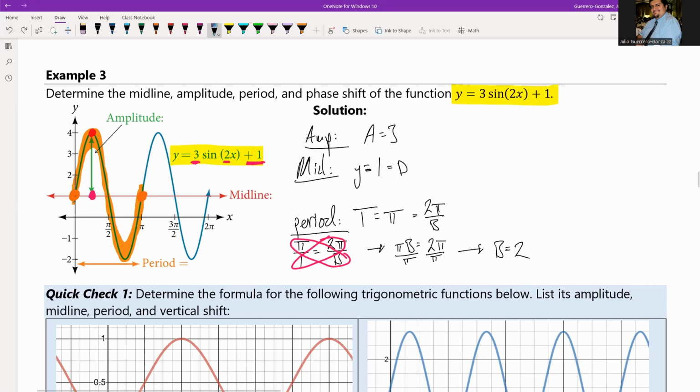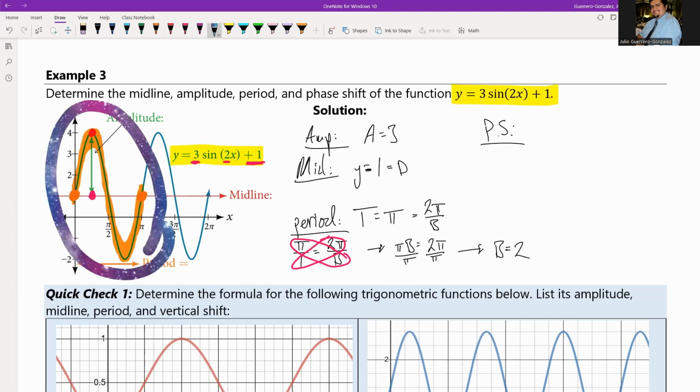Last thing, phase shift. Notice that this section I've highlighted in orange, we didn't move it at all. It just compressed down into pi. We didn't physically pick up the sine curve and move it left to right.